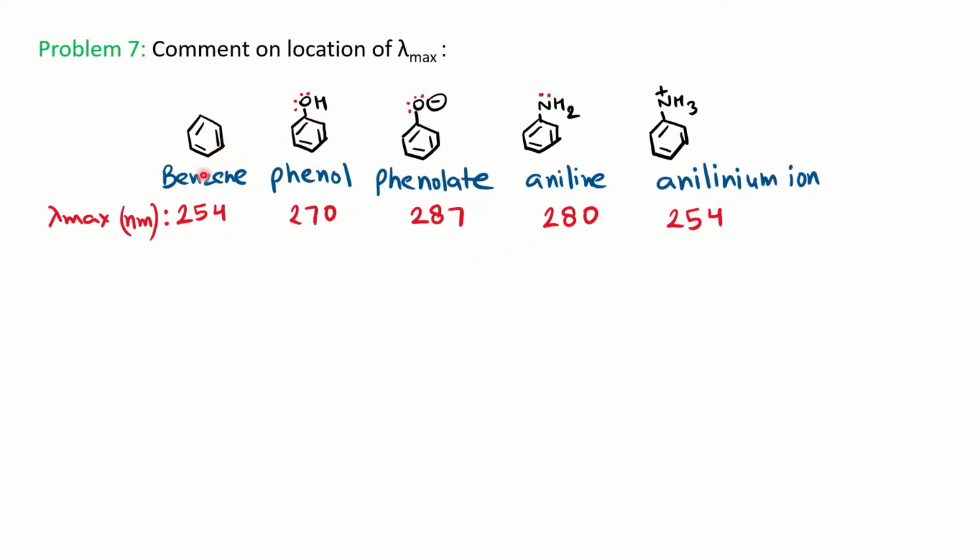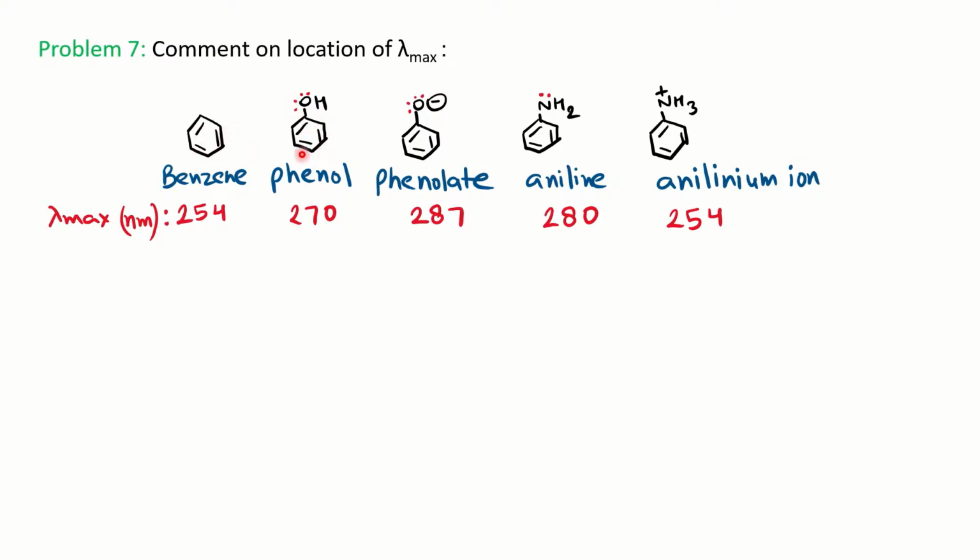If you notice, as compared to benzene, phenol and aniline have OH and NH2 groups, which are called auxochromes. Auxochromes are those which bear lone pairs of electrons, which increase the intensity of the chromophore. So what is a chromophore? Covalently unsaturated compounds or groups are called chromophores.